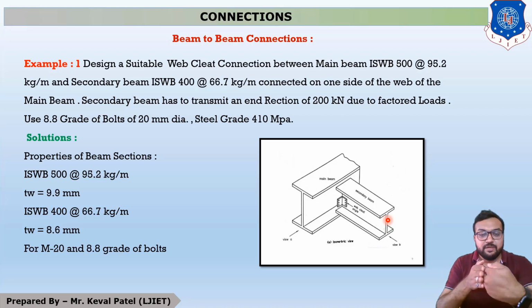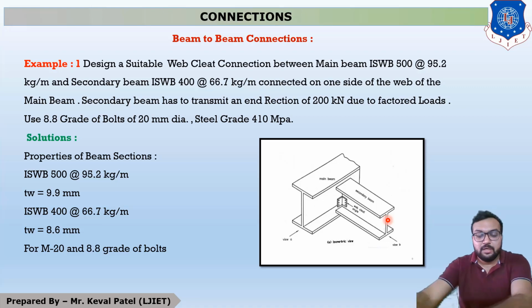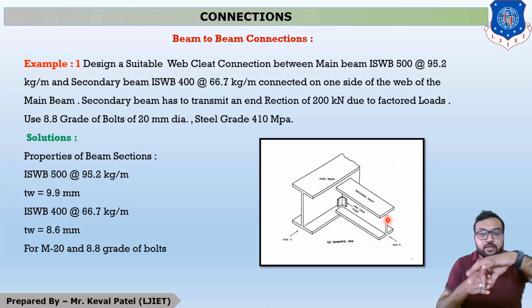Then one web plate is connected like this, and another web plate is connected like this. Okay, so on the secondary beam, web plates are connected on both sides. Okay, so it means your secondary beam is in double shear because from both sides a web plate is connected.